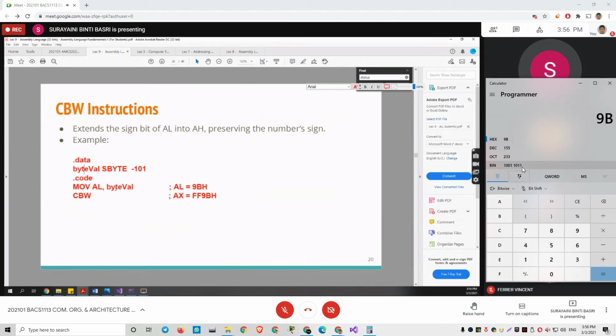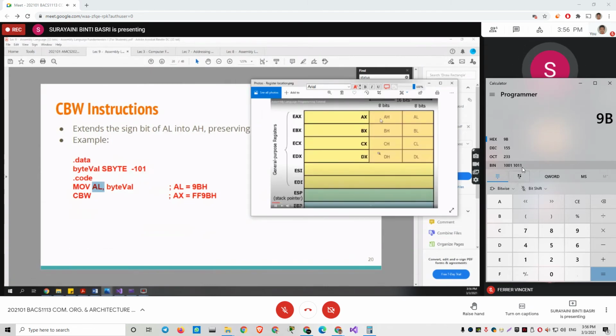Okay, so first you assign this value to AL, and then you want to extend its value to AH. So you want to extend it until it becomes 16 bit, so that it can occupy the AH part here.